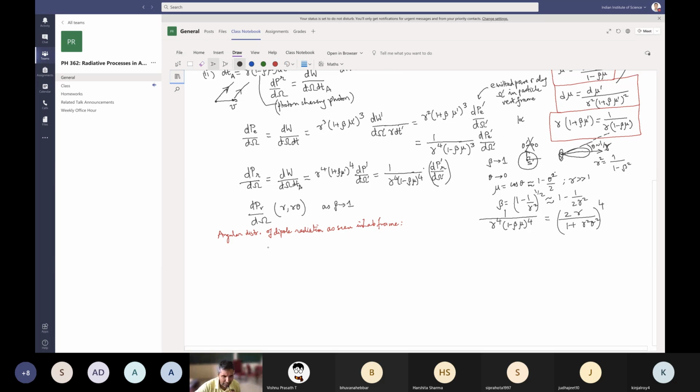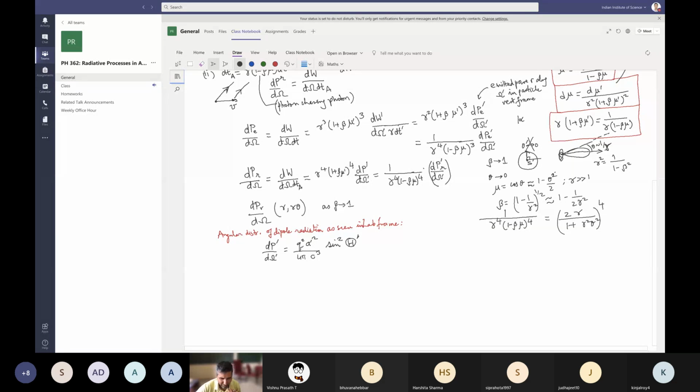We know this dipole formula is equal to q squared a prime squared by 4 pi c cubed sine squared capital theta prime.